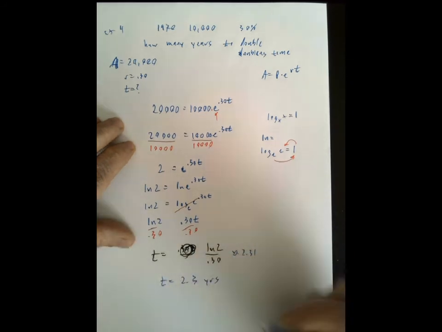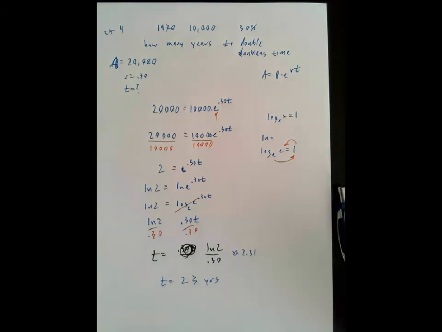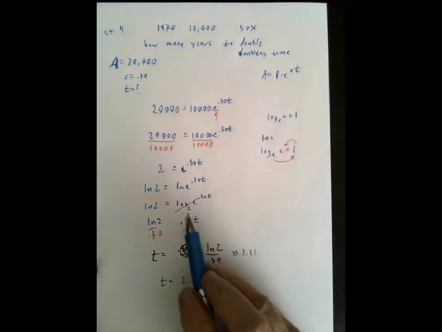So the city manager can expect, if the growth rate continues to be 30% per year, that in 2.31 years, the population of this city will have doubled. Better start preparing now, because that's not very long. Okay? All right, good. Now, by the way, this only happens when we're using ln.